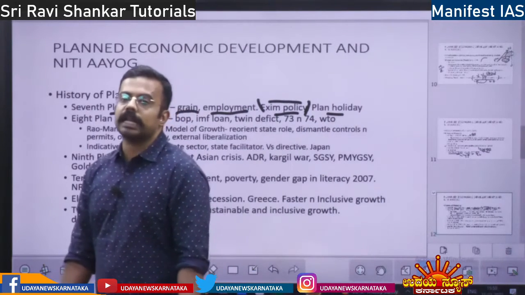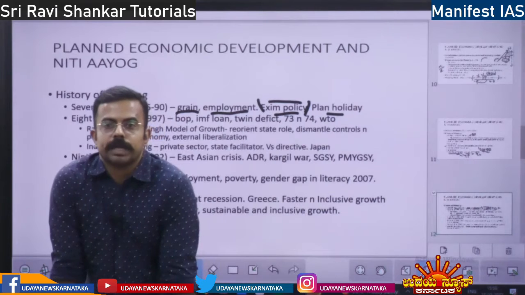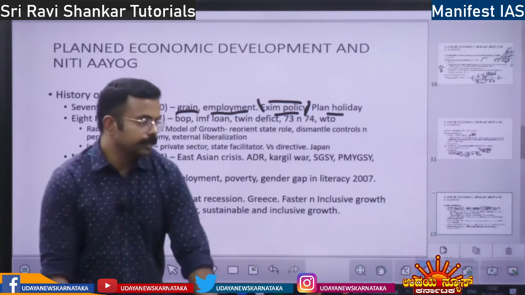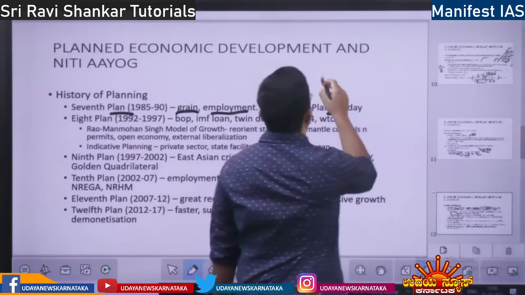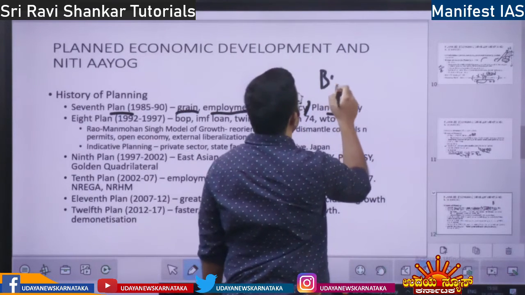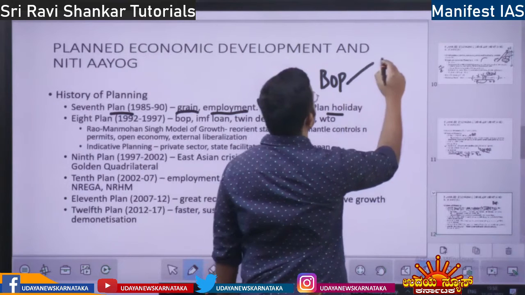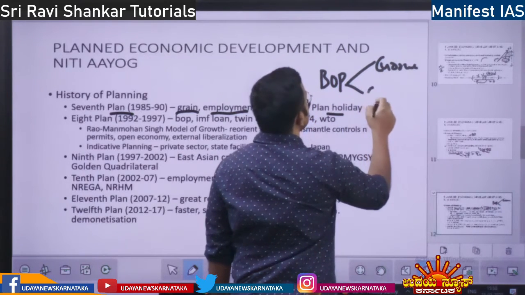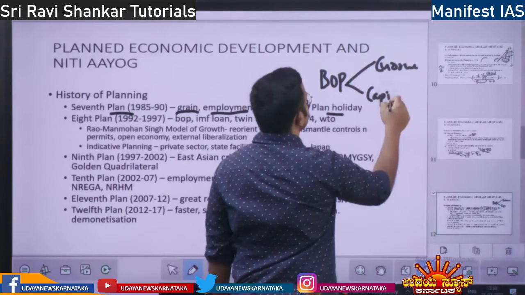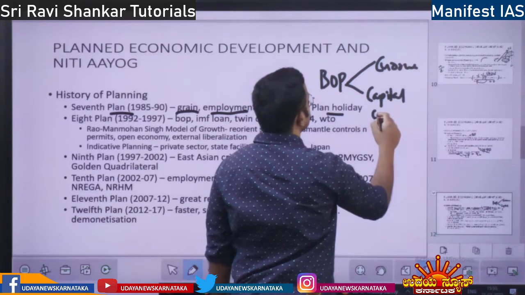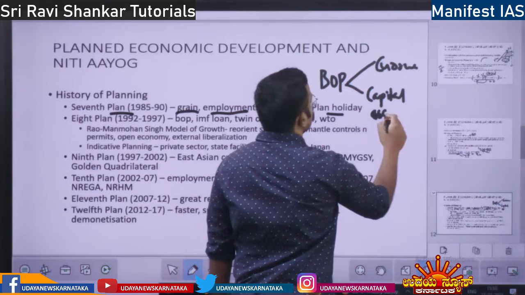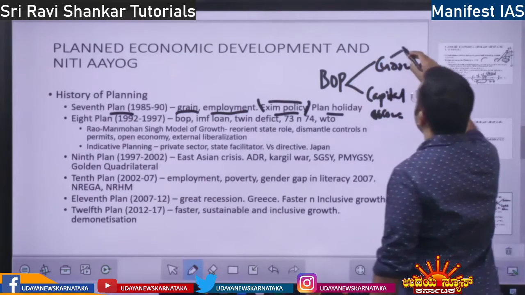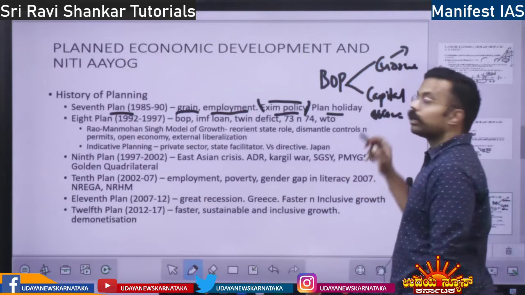What is the BOP crisis, or balance of payment crisis? Balance of payment includes two things. One is the current account, another is the capital account. All your exports, imports, everything will come under the current account.